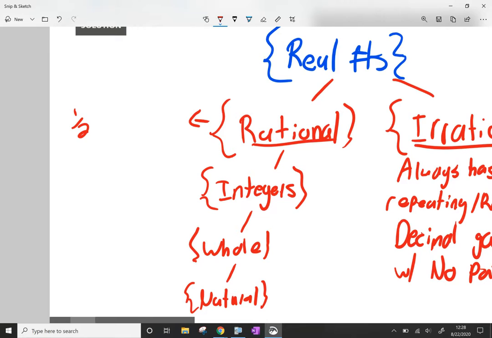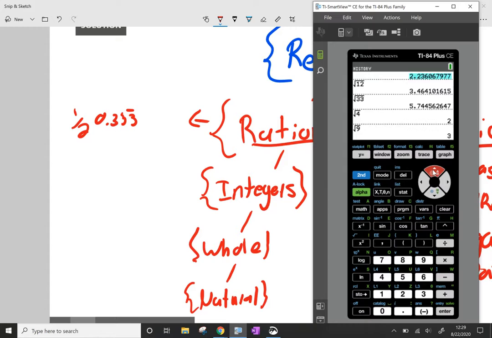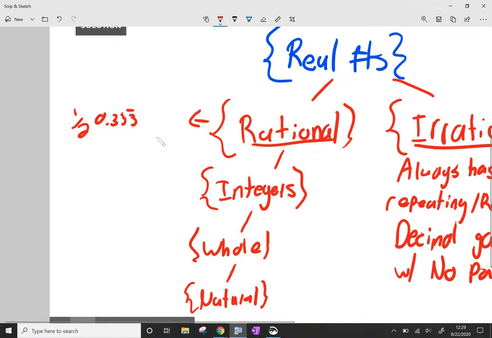Decimals that go on forever but have a pattern, for example 0.333 repeating. It goes on forever, but it has a pattern, right? It's not random numbers like 4, 8, 6, 8, 3, 2, 9, 8, 1. That's all random, there's no pattern to them. That's why they're irrational. But if you have one with a pattern like 0.333 repeating, that's rational, okay?